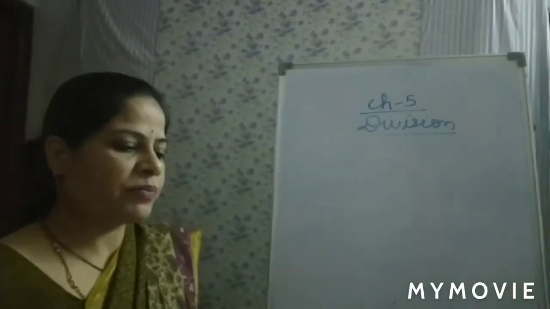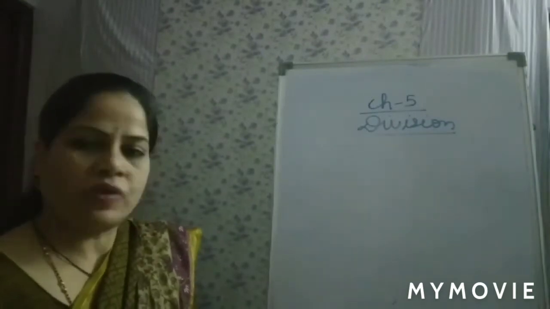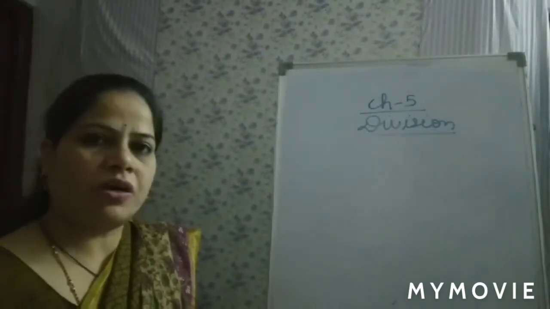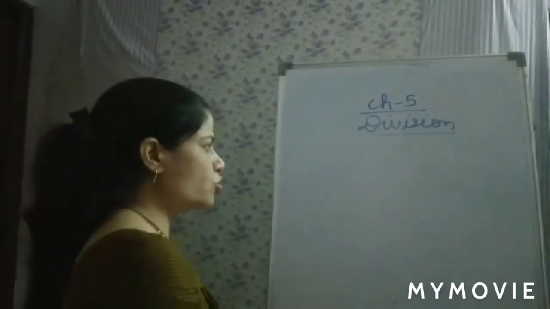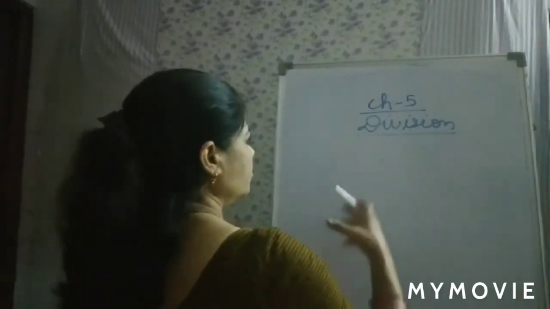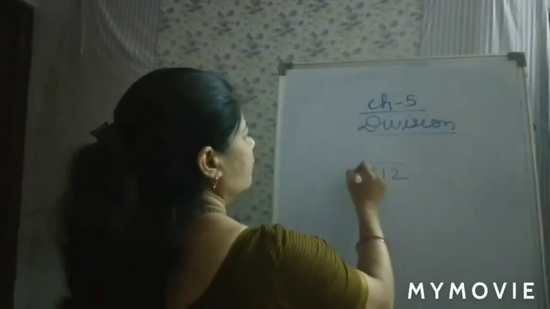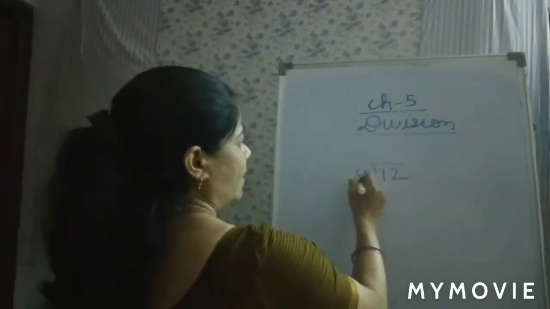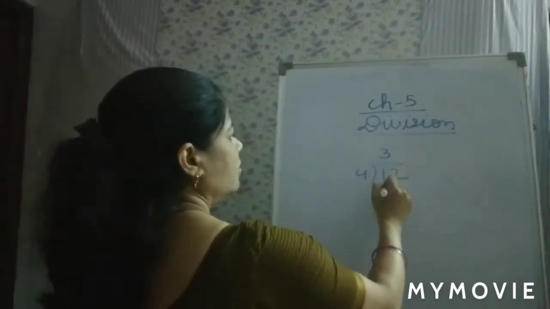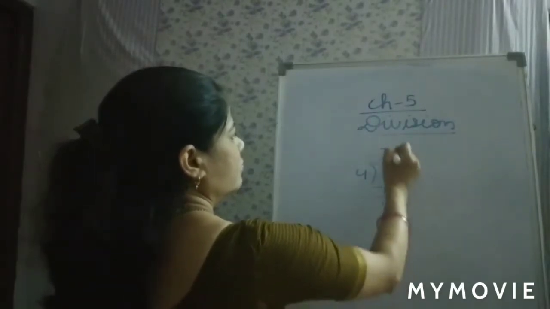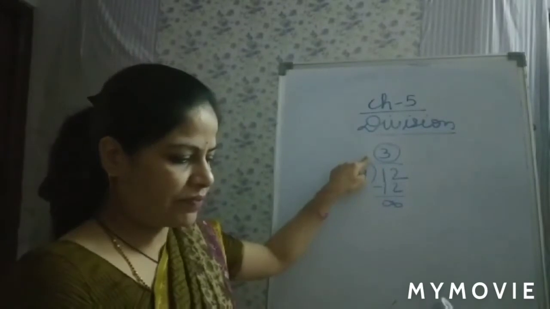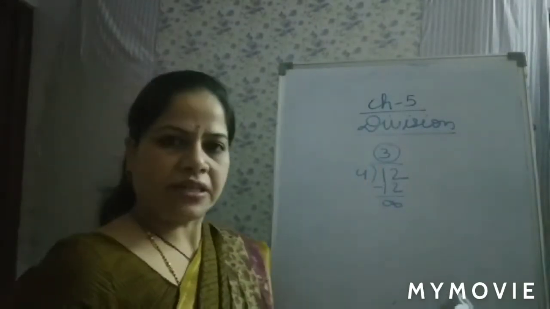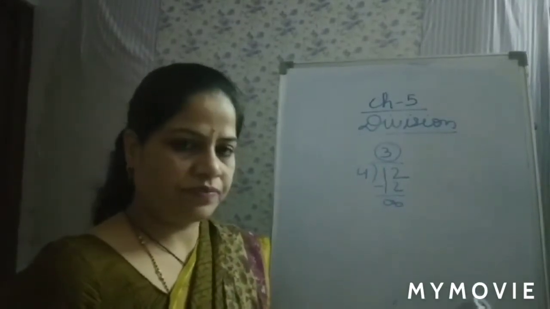Now the second part of question A, 12 balloons are there and now you have to share these 12 balloons among 4 children. So you have to divide 12 by 4. 4 3s are 12. So what are you getting as quotient? 3. So each child gets 3 balloons.